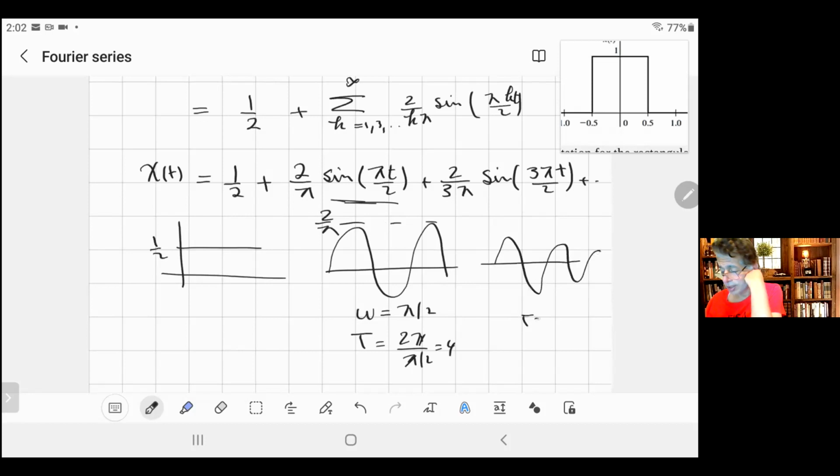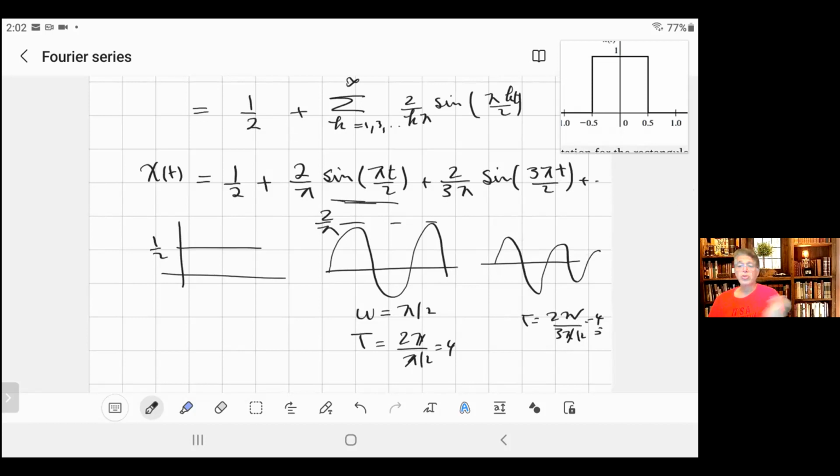If you find the period T equal to 2 pi over omega, and omega here is 3 pi over 2, pi cancels pi, and it will be 4 over 3. That's the period. So what I'm trying to tell you is that this rectangular pulse train consists of a battery, a DC source, and some sinusoids. So when you do your analysis, you can use each one separately and finish your analysis.